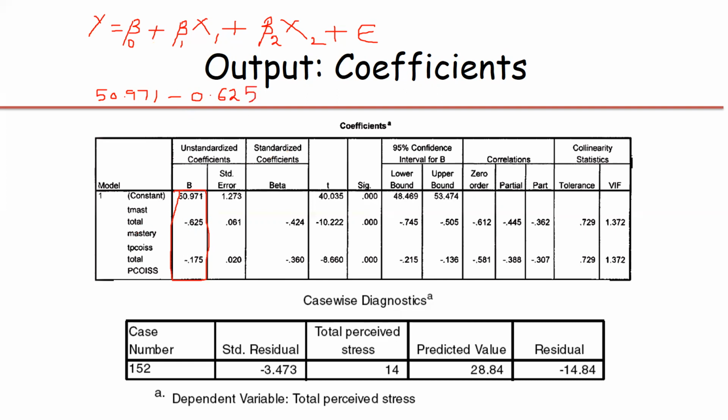X1 is what? Mastery. You can write T mast here, because you can write the name of the variable, but for simplicity I'm writing x1, the first predictor. Then minus the second value, beta 2, minus 0.175.